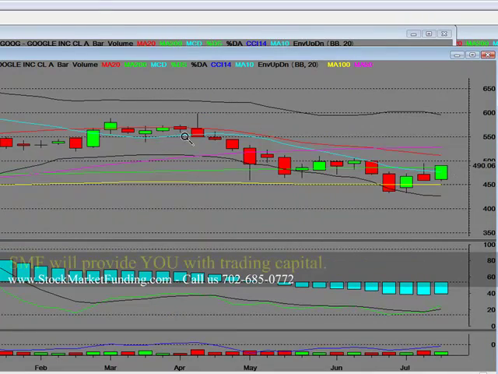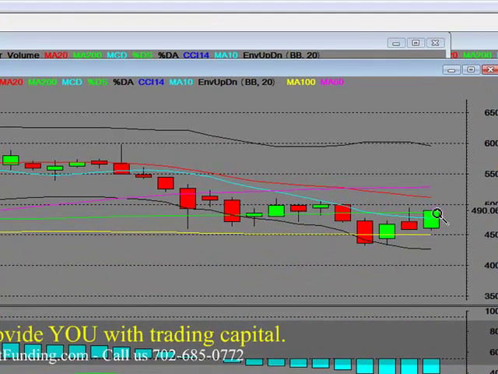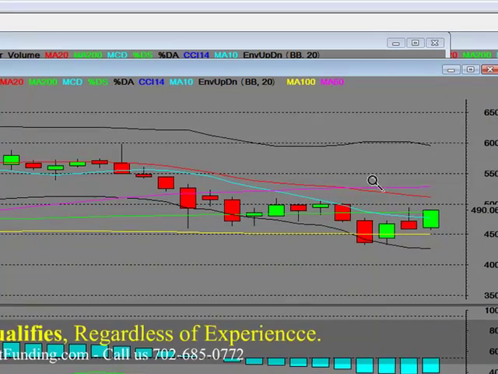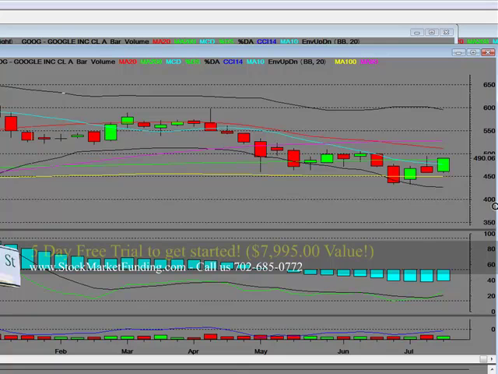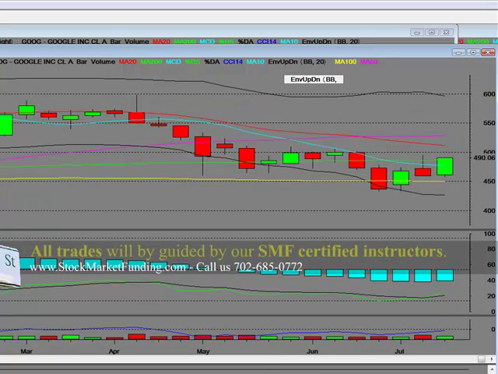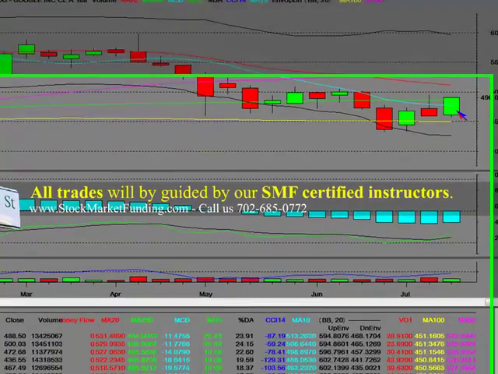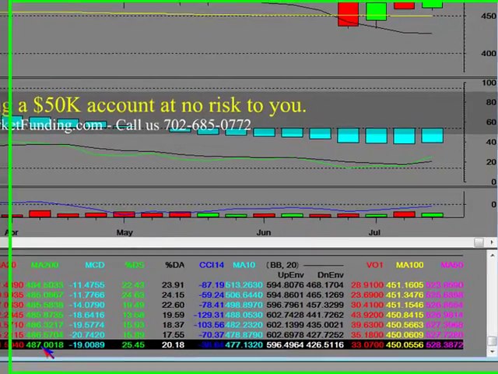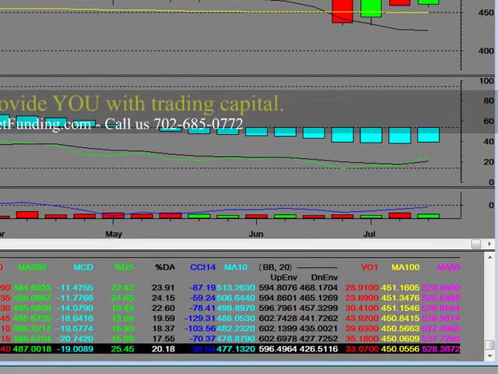But we also flattened out here for a period of time, and we will know here that if we can maintain a closing price above the 200-week moving average, and I'm going to give you the price of that 200-week moving average, it's 487.0018.